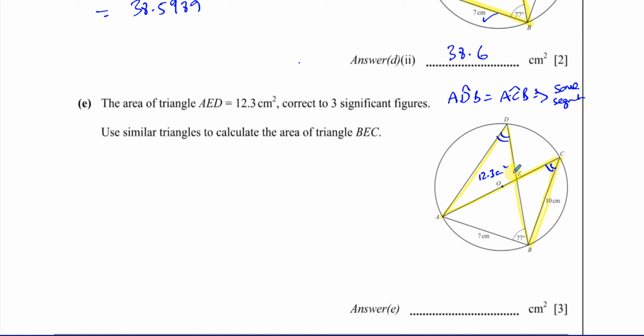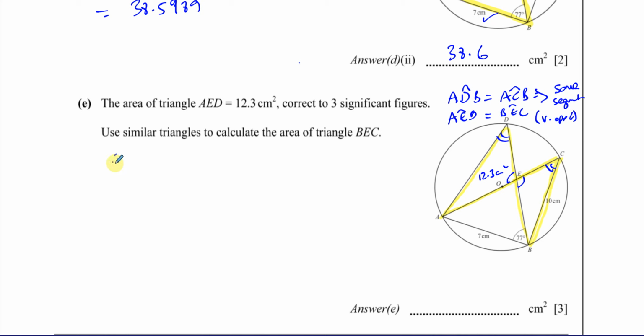We can also say that this angle and this angle are the same because they are vertically opposite. So I can say that the angle AED is the same as angle BEC. That's because they are vertically opposite angles.